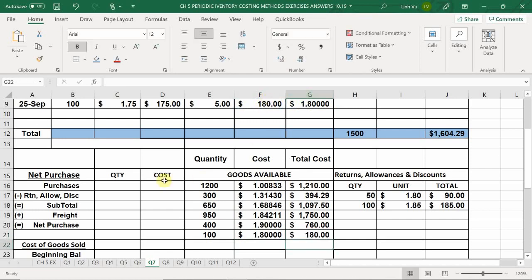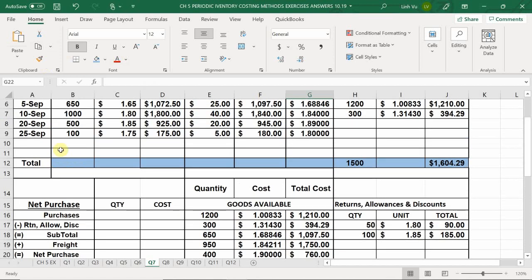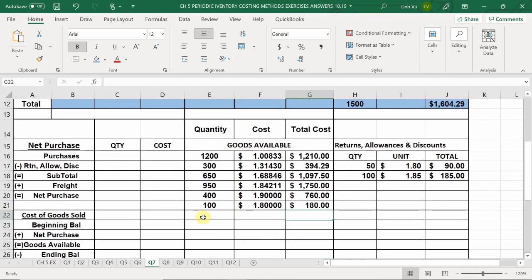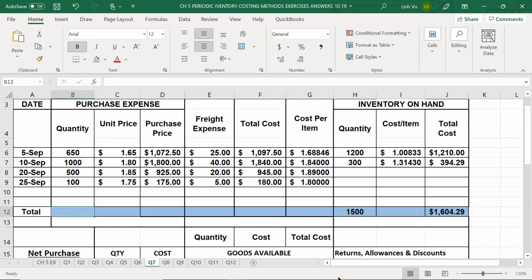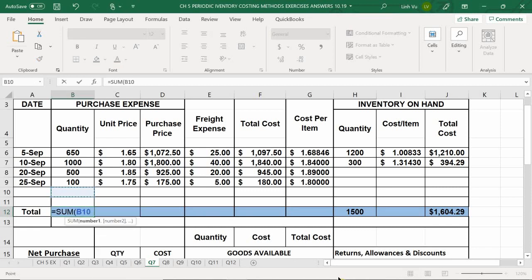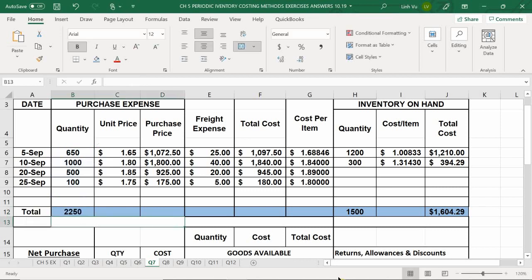So now I need to tally up my totals. I need to tally up my total in my purchases, my totals in my goods available, as well as my purchase returns and allowances. So in this case, how many items did I purchase in grand total? 2,250.